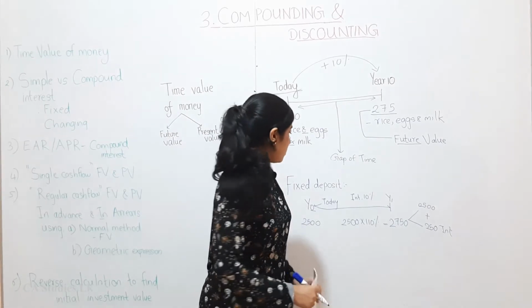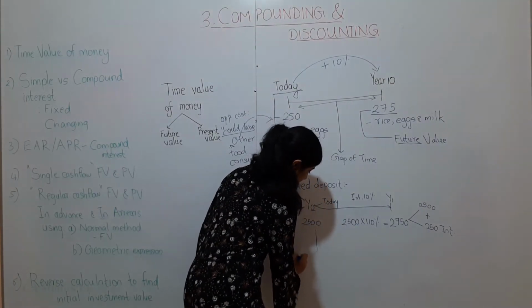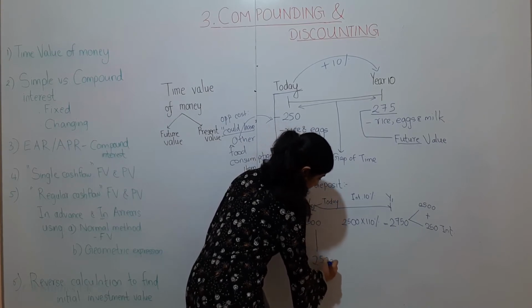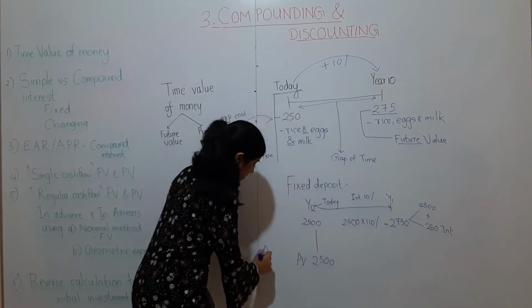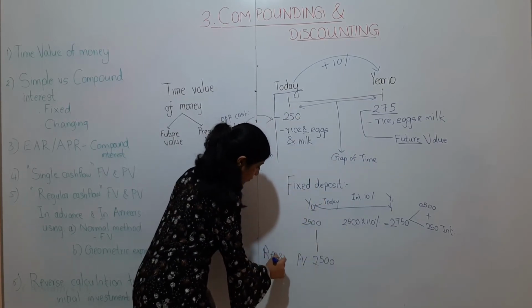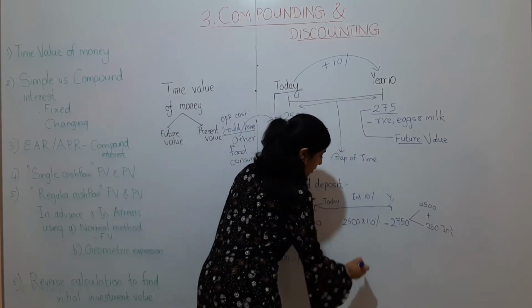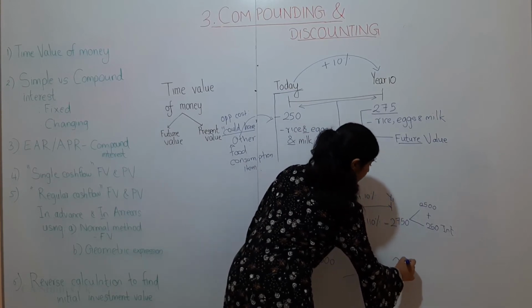Right? So we would say this is the present value of money, which is 2,500. The reason for interest is because 2,500 today is greater than 2,500 in 1 year's time.